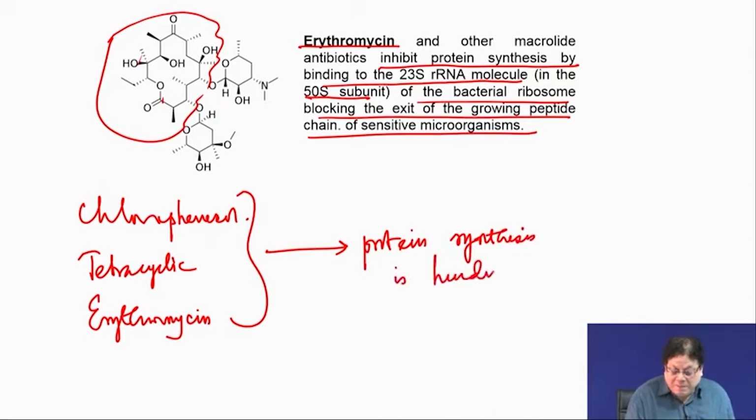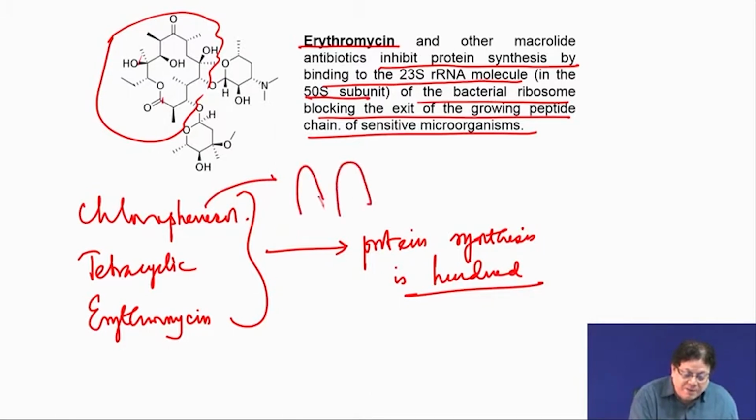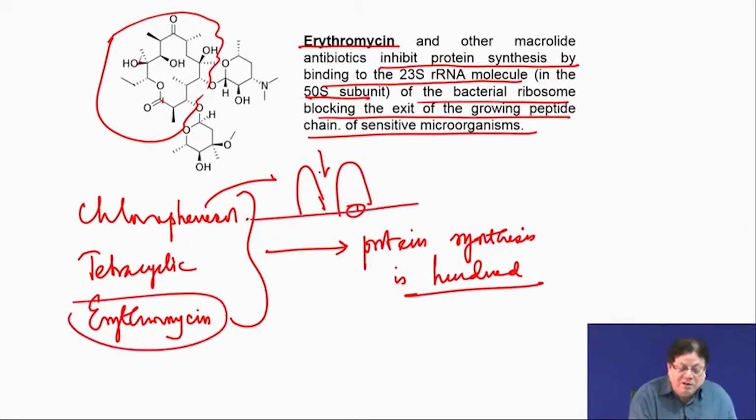That is the consequence. Only thing, their binding pattern is different. Chloramphenicol binds in between the two sites, tetracycline binds in the A site, and erythromycin binds somewhere in this ribosomal subunit, which does not allow the growing peptide chain to exit. Okay. So, those are the mechanisms.